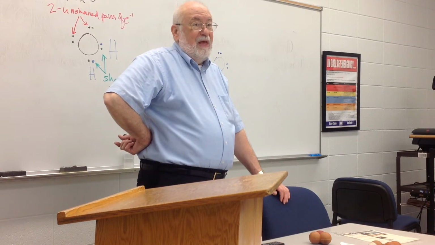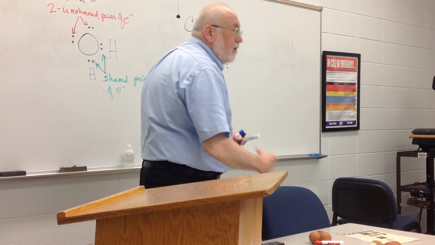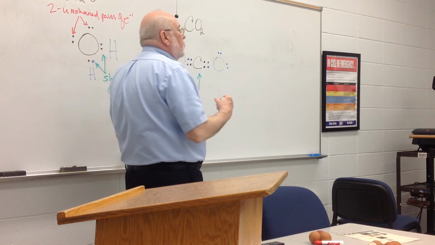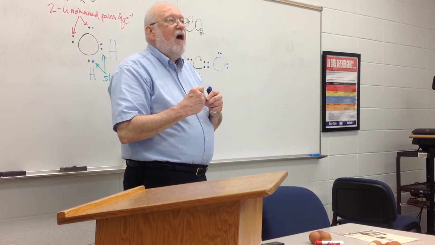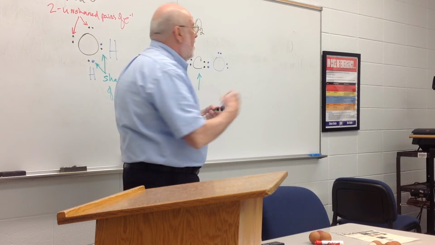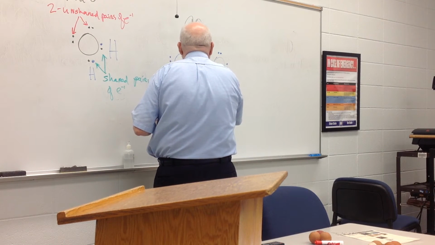All right? Now, come back and examine the central carbon atom. What kinds of electron pairs are on that central carbon? Bonding pairs only, right? Those are involved in bond formation, so those are bonding pairs.